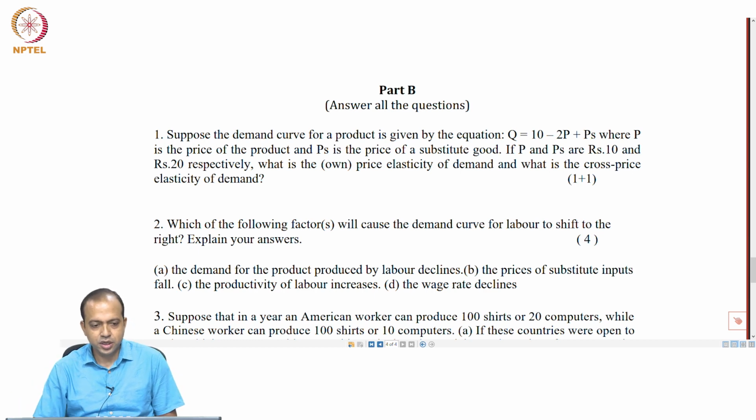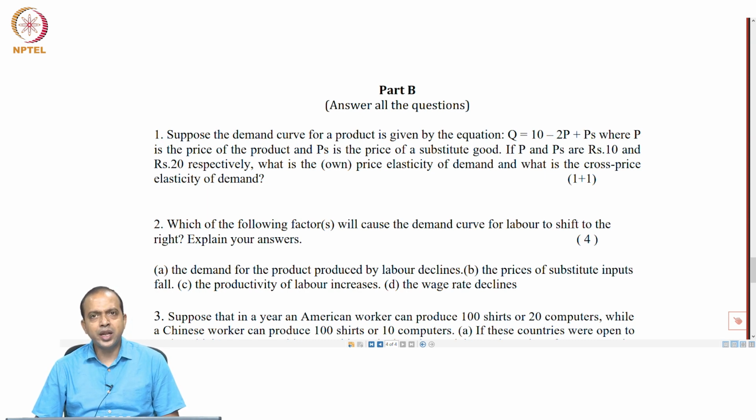The question is, suppose the demand curve for a product is given by the equation Q equals 10 minus 2P plus PS, where P is the price of the product and PS is the price of the related product or substitute goods.